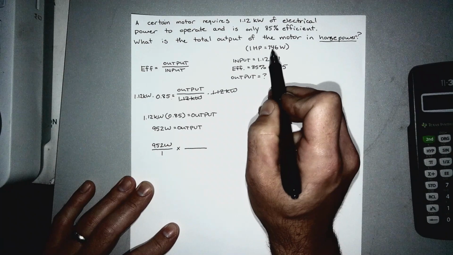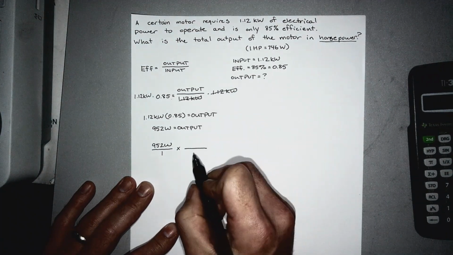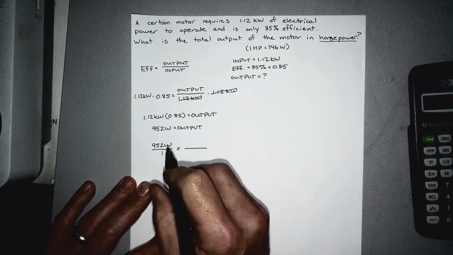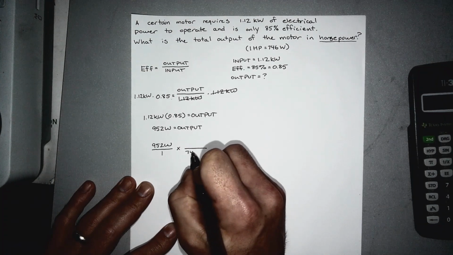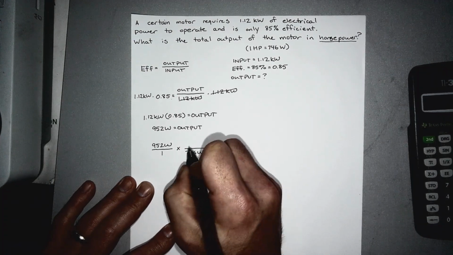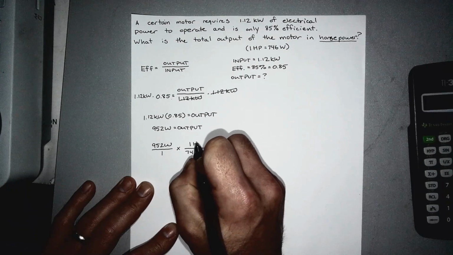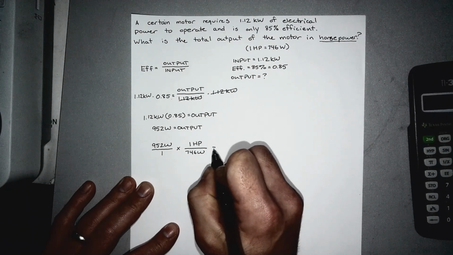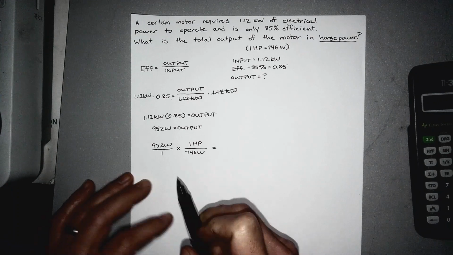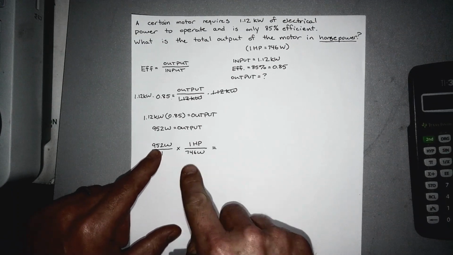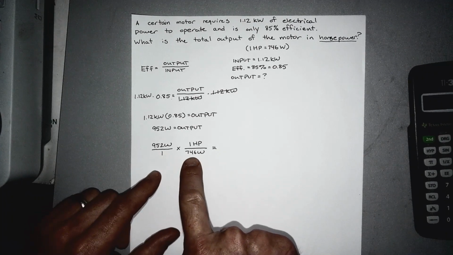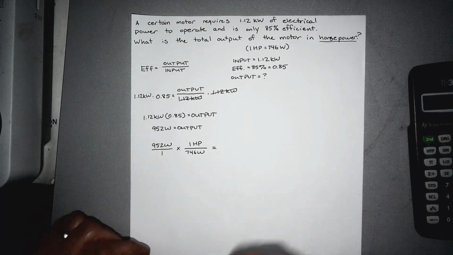And so we've got to remember, whichever one we're trying to cancel is the one we put on the bottom. So we're trying to cancel out this watts and convert it over to horsepower. So we put 746 watts on the bottom and 1 horsepower on the top. And hopefully we can see that this problem becomes 952 divided by 746 because the ones just cancel out, right?